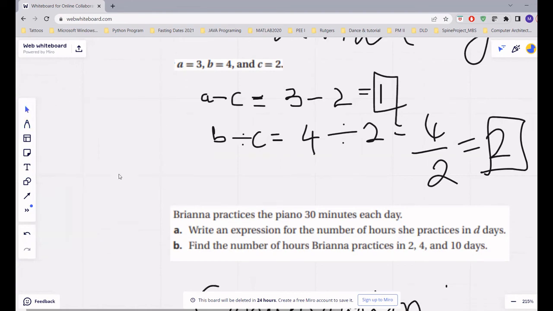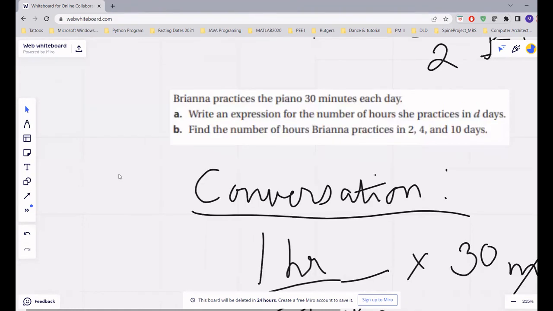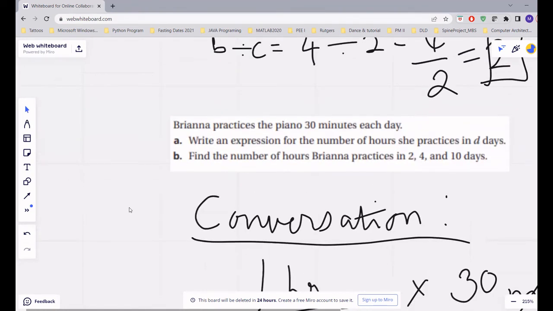Okay. Let's move on to the final question. I have already done the solution below, but I would like you guys to solve this by yourself first. Okay. I hope you guys have solved this. Let's go over it together now. Brianna practices the piano 30 minutes each day.